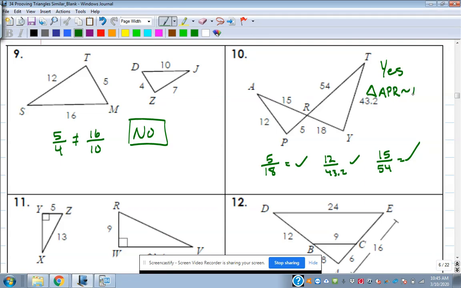APR similar to, which one is it? I heard 2 different T. Should be T, because AP corresponds to TY, and then R is going to be Y. You got to have your corresponding sides lining up in your similarity statement there. Careful of that.